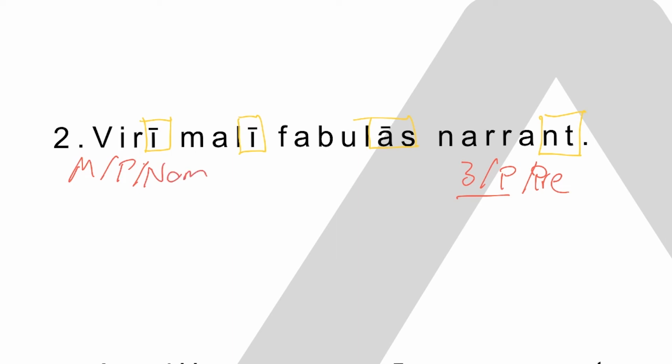And I don't really have room here to write the same parsing for mali, but it is the same parsing because this adjective is describing the noun in front of it, which is normal. So we have the bad men or the evil men. And then our next word, fabulas, the as ending from our first declension noun endings, ae, ae, am, a, ae, arum, is, as, is.